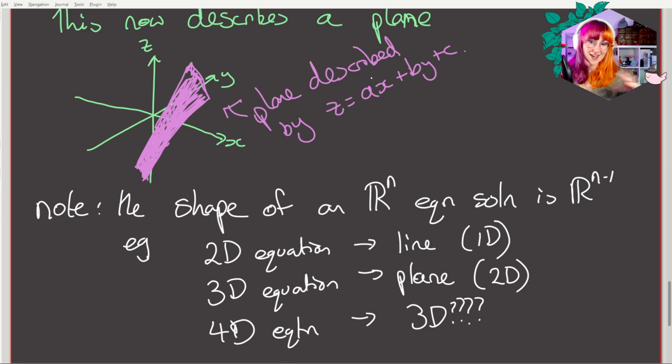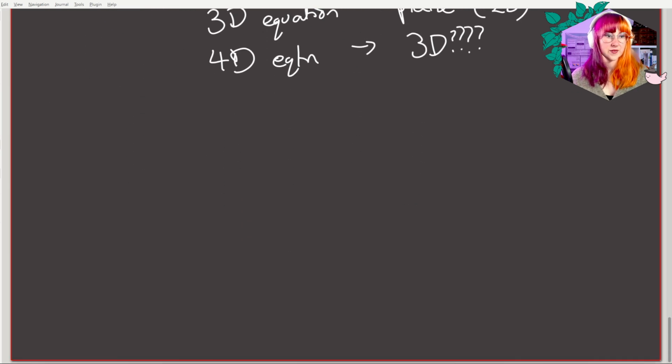But the set of solutions makes up an n-1 dimensional space, which is useful for visualization purposes as well. But we're going to stick mostly in our nice 2D, 3D little domain for now.